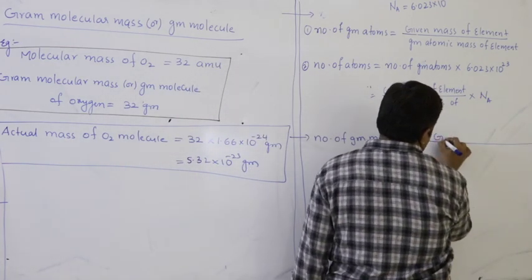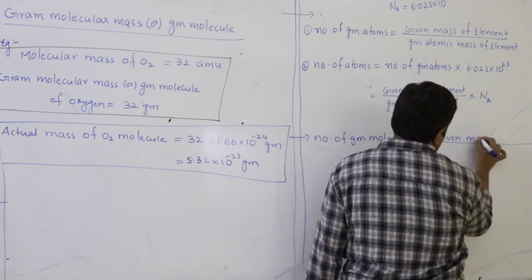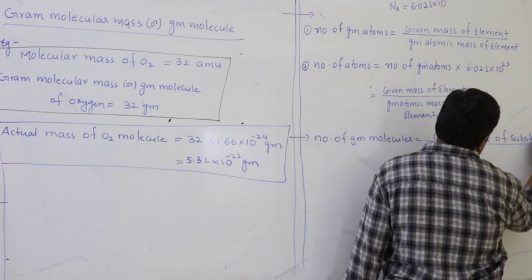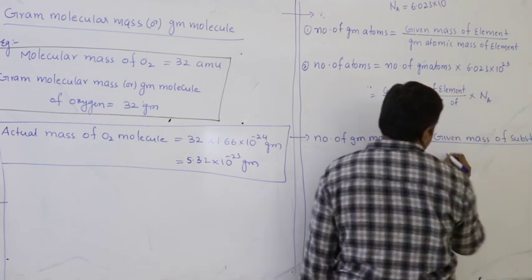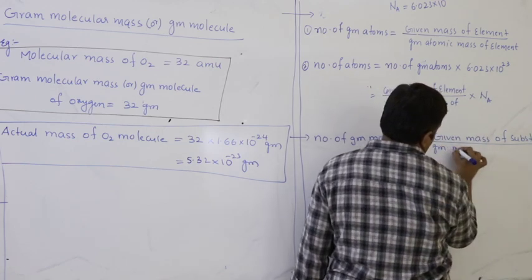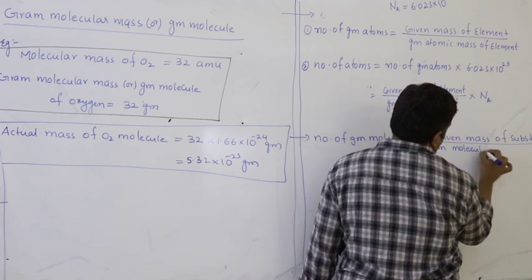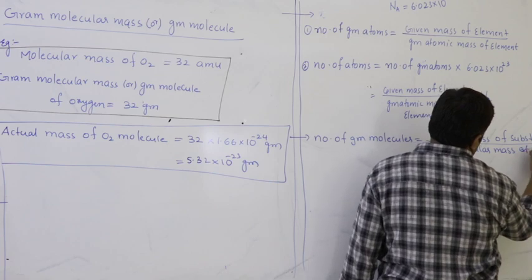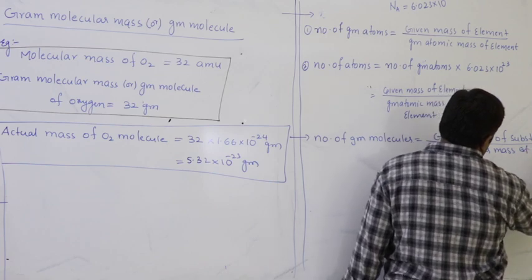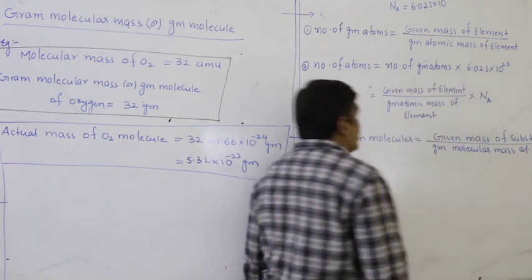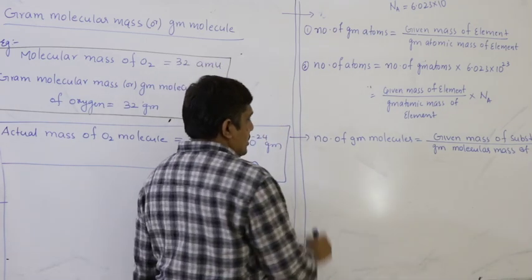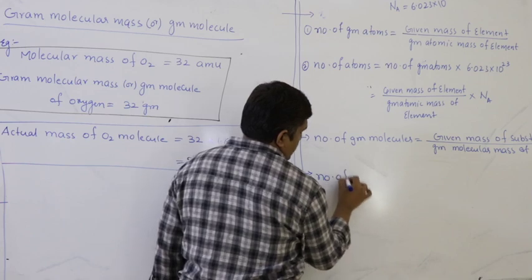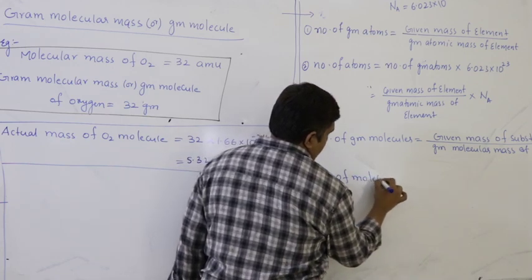It is given mass of substance by gram molecular mass of substance. If you want to find the number of molecules, same procedure.